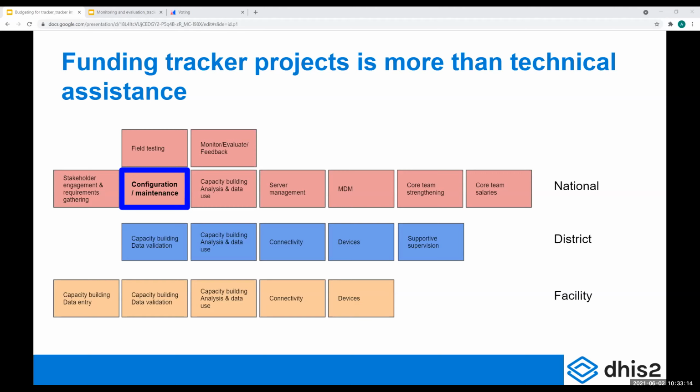I just want to make one more comment. My experience in Rwanda was very interesting. They have a strong DHIS2 foundation in Rwanda. I was in there and they were talking about how they wanted to implement this EPI tracker for immunization, and they were discussing different avenues. Maybe we'll go with this other funder. They were looking at getting a contract with this other vendor, but they said, we do have DHIS2 on the ground.